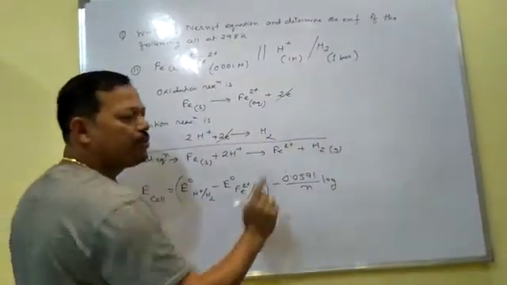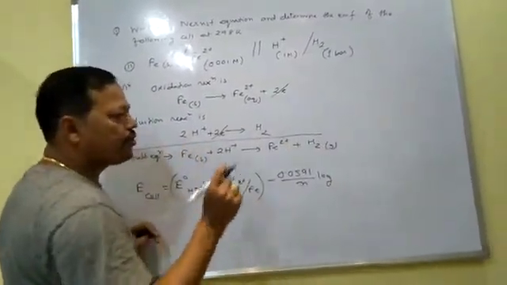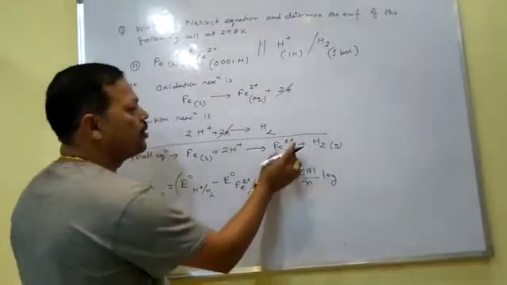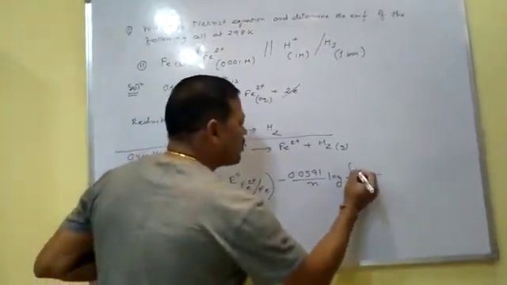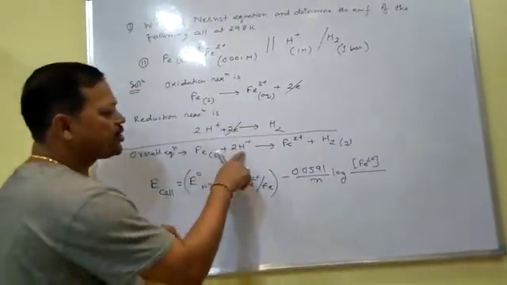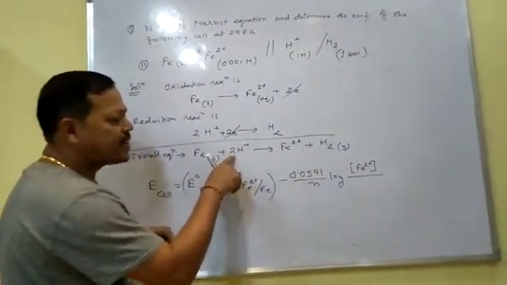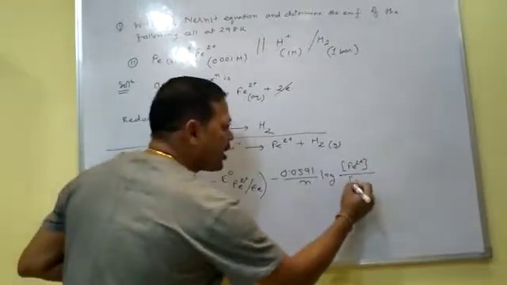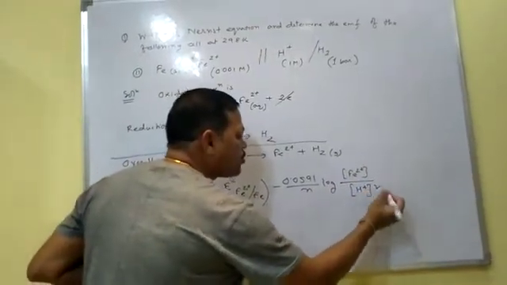Hydrogen gas concentration will be 1, since pure solid, pure liquid, pure gas is always 1. So the concentration of Fe2 plus divided by the reactant ion, the concentration of H plus. Here a coefficient is present, twice H plus, so that must be a power, H plus whole squared.